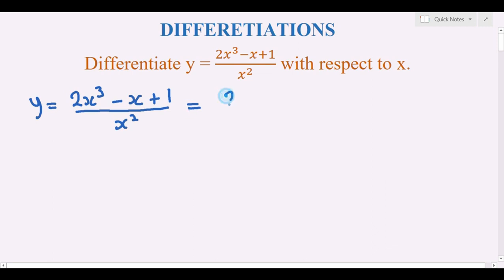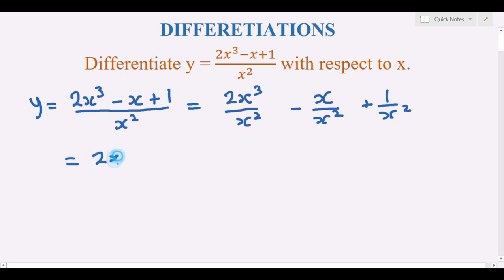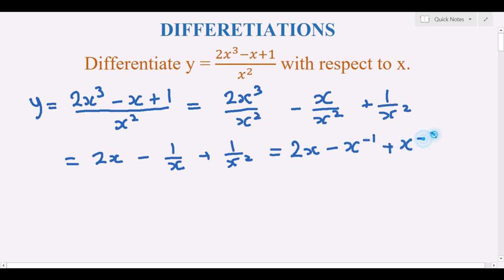This will give us 2x cubed over x squared minus x over x squared plus 1 over x squared. So this will become 2x minus 1 over x plus 1 over x squared. When we write this on a particular line, this will give us 2x minus x raised by minus 1 plus x raised by minus 2.